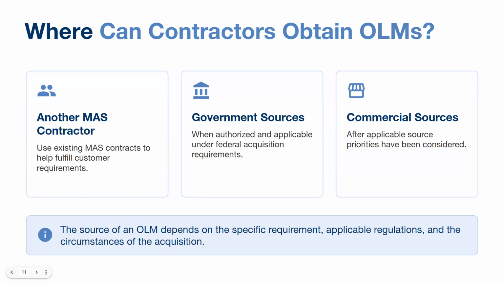That is another MAS flexibility that was introduced with the Revolutionary FAR Overhaul. Another MAS contractor provides an opportunity to leverage existing schedule contracts while remaining within the MAS program. In some situations, contractors may also obtain OLMs from government sources when authorized and applicable under the federal acquisition requirements. Finally, commercial sources remain an option when appropriate after applicable source priorities have been considered.